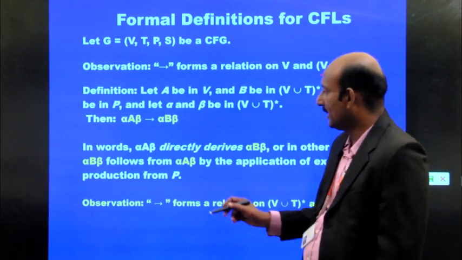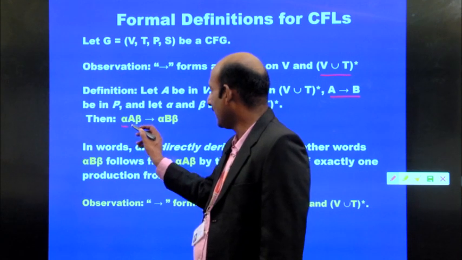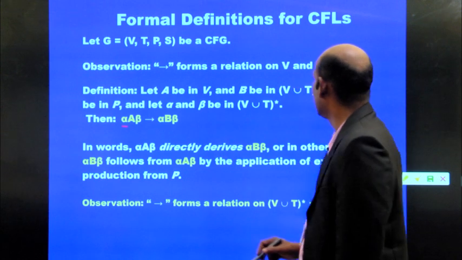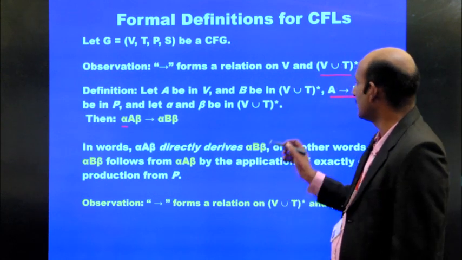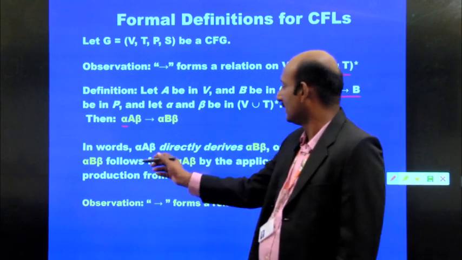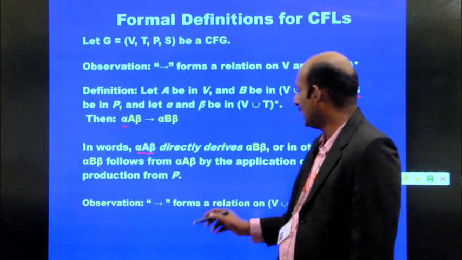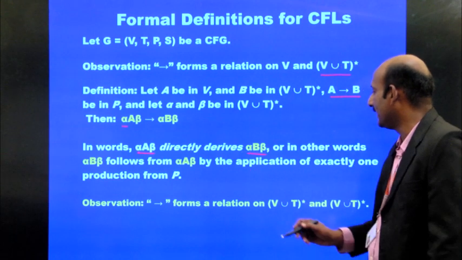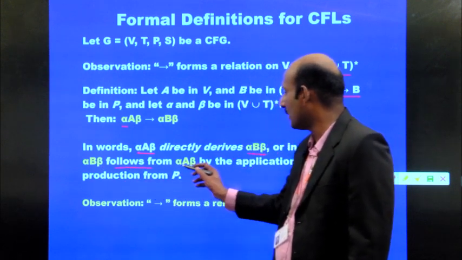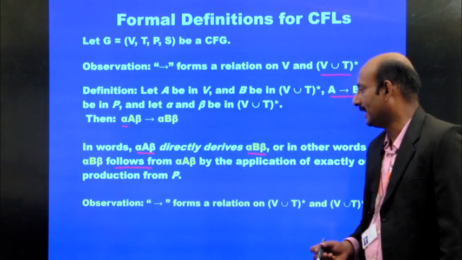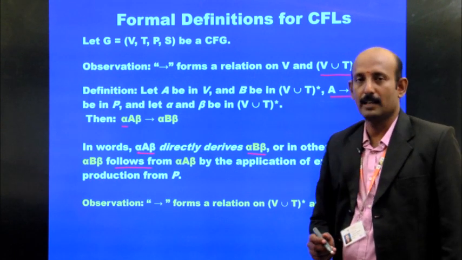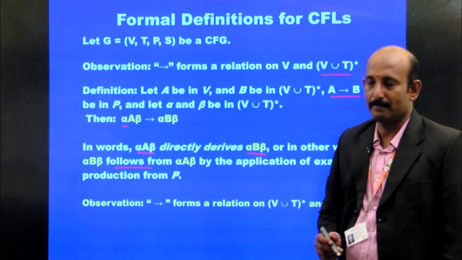So what is the meaning here? Alpha A beta implies alpha B beta. That is a replacement, A implies B. So alpha A beta directly derives alpha B beta. In other words, alpha B beta follows from alpha A beta by the application of exactly one production from P, where P stands for the productions.